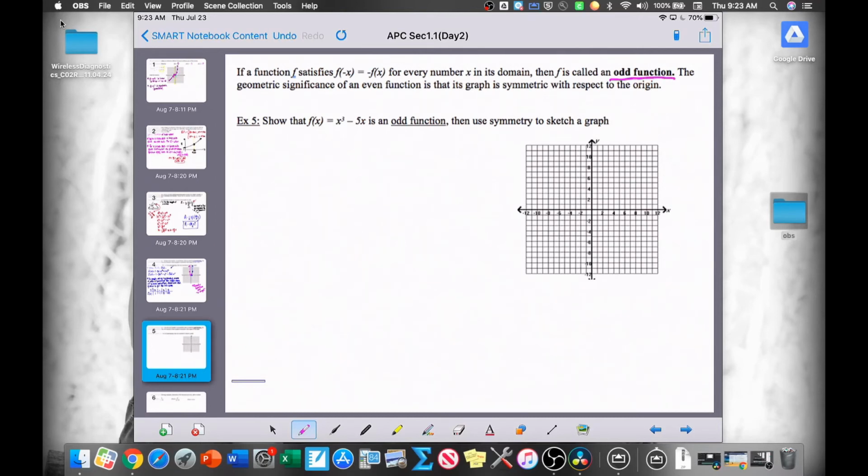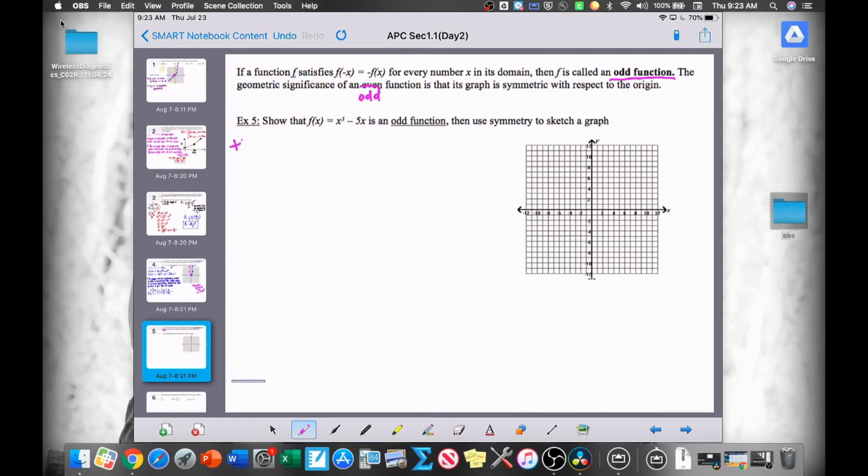And the geometric significance of an odd function is that its graph is symmetric with respect to the origin.